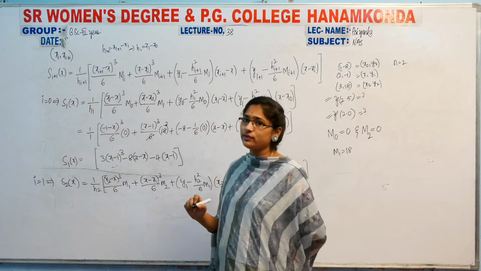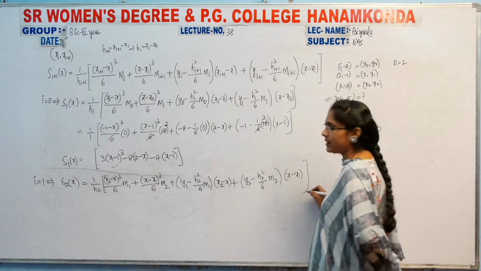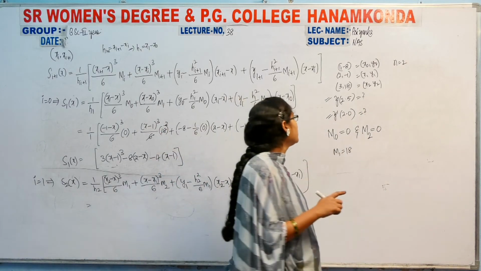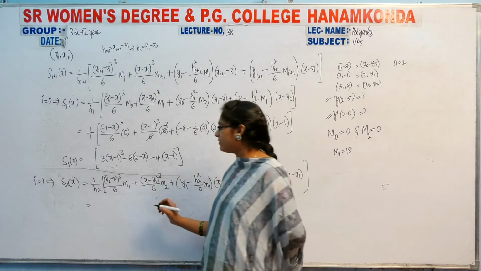For i equal to 2 we cannot calculate because here we will get m3 and so on. We don't have those values. Now h2 means again 3 minus 2 is 1.